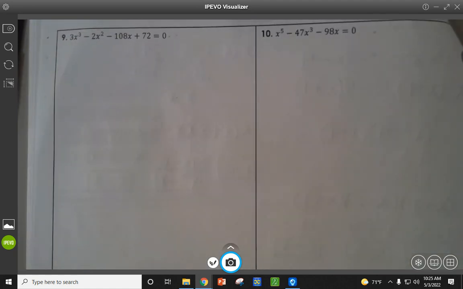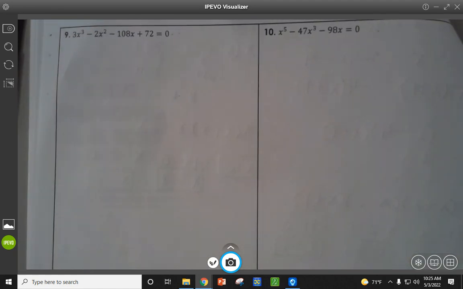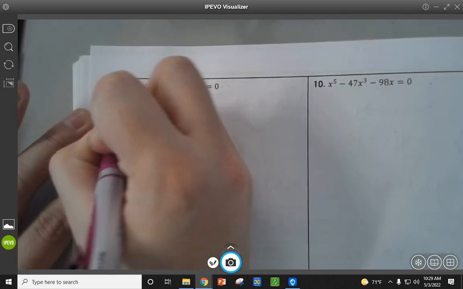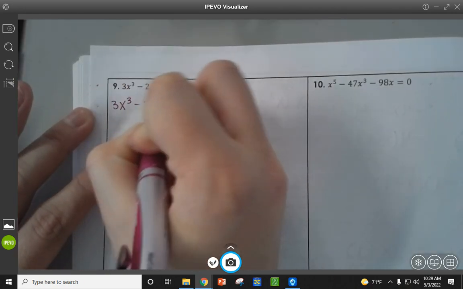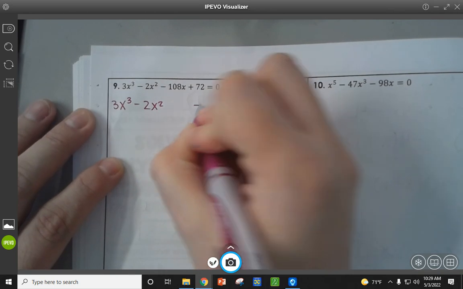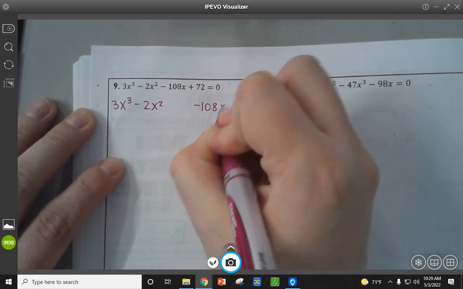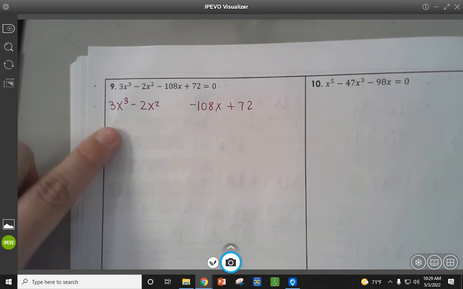I want you to work on number 9 for right now. All right, number 9, we have this first group of 3x cubed minus 2x squared, and the second group of negative 108x plus 72.